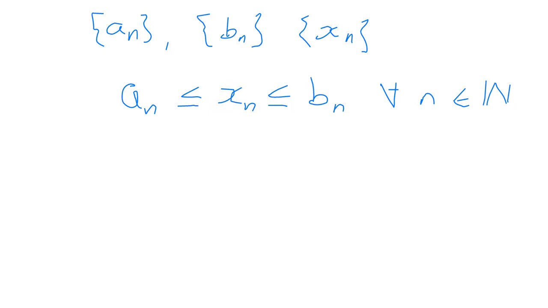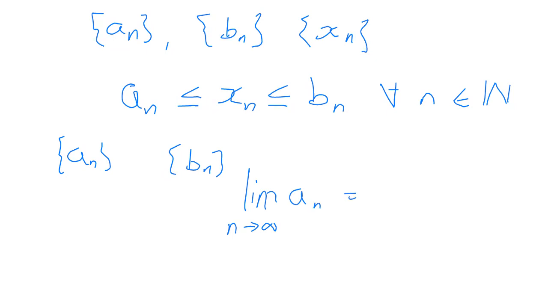Full stop. Suppose sequence A n and sequence B n converge, and the limit as n tends to infinity of A n is equal to the limit as n tends to infinity of B n.